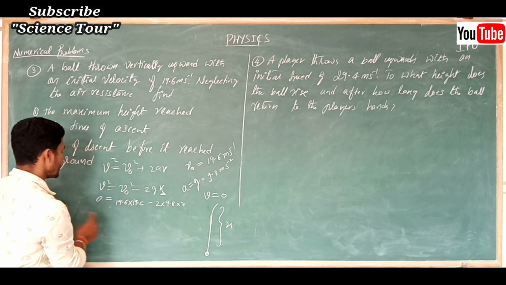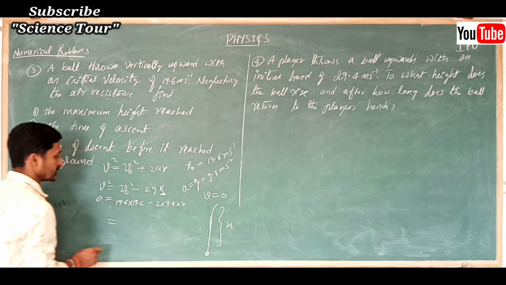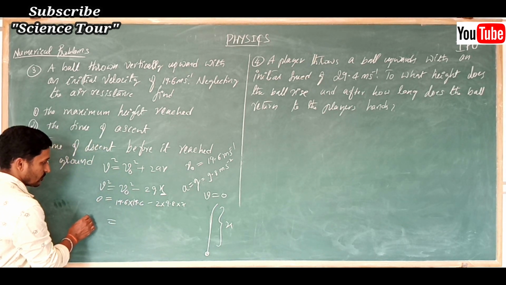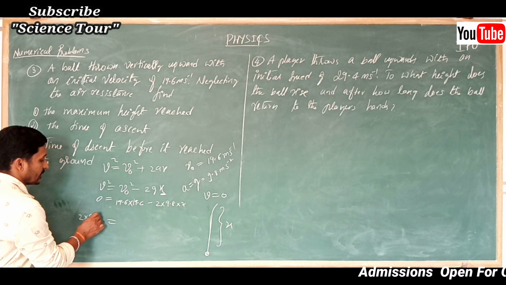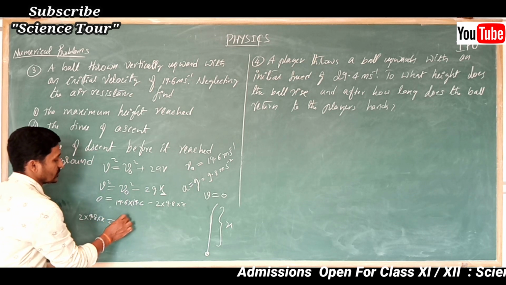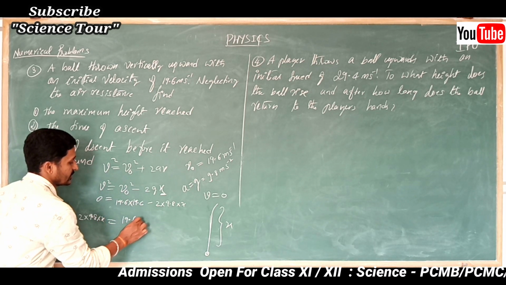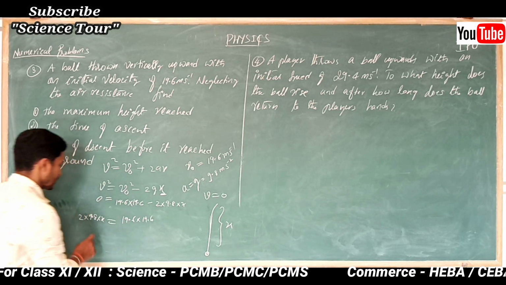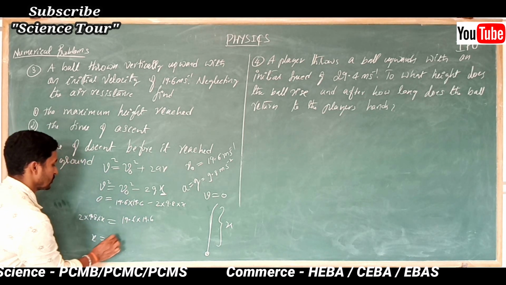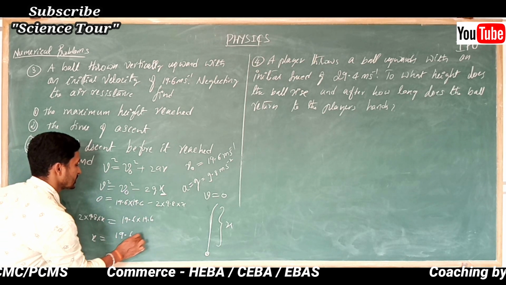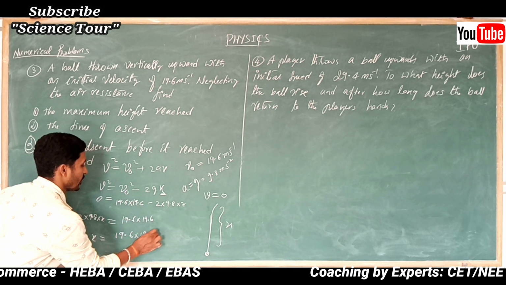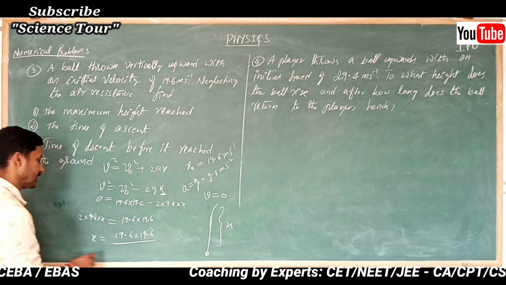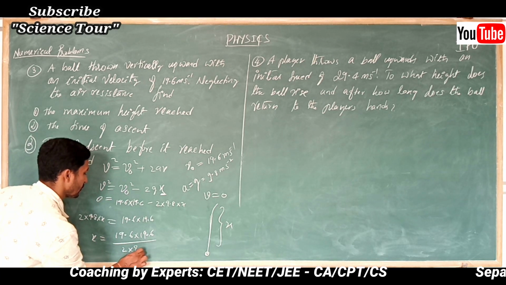Bringing 2 into 9.8 into x here, it is equal to 19.6 into 19.6. We want x, so x is equal to 19.6 into 19.6 divided by 2 into 9.8.